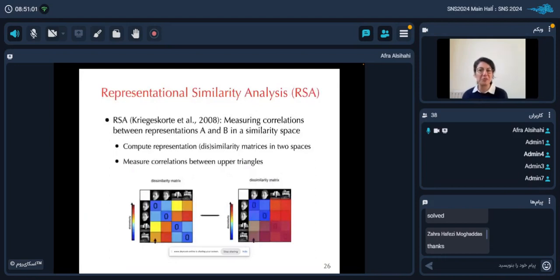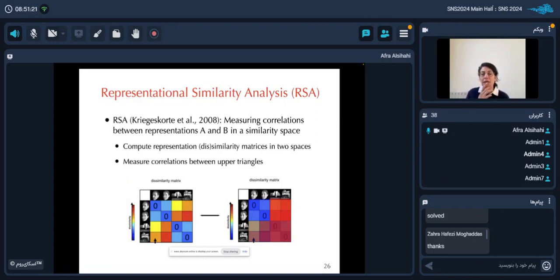I don't know how many of the people in the room are familiar with this technique, but for those of you who are not, I'm going to explain quickly what the idea is. Imagine that you have a model of how the brain works for a particular task, how images are recognized, for example.